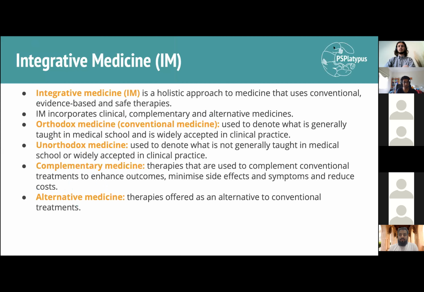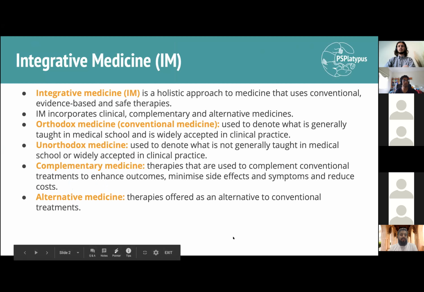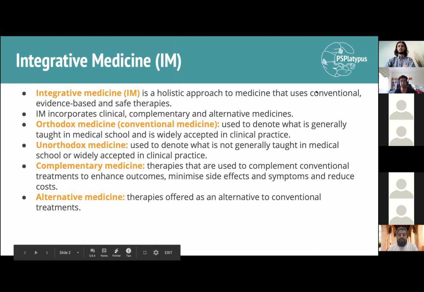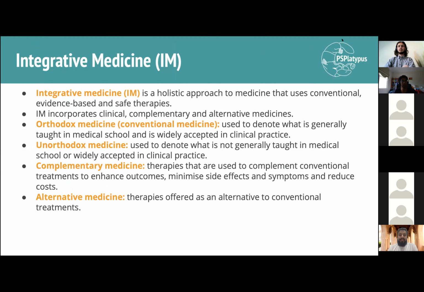So we have a little bit of terminology here. Integrative medicine is a holistic approach to medicine that uses conventional medicine, evidence-based and safe therapies. So it doesn't just focus on conventional medicine, it also involves some alternative, evidence-based therapies.